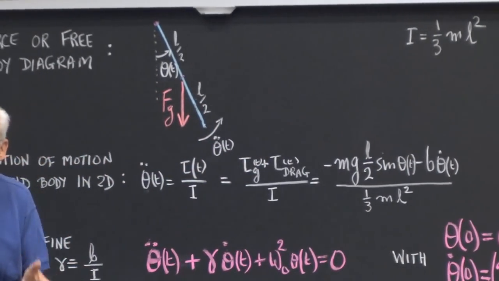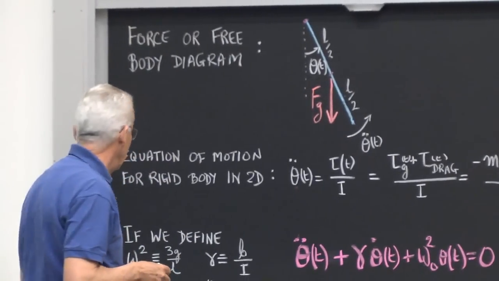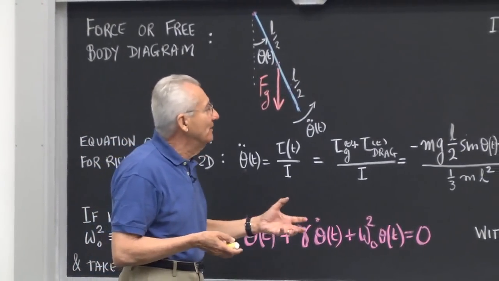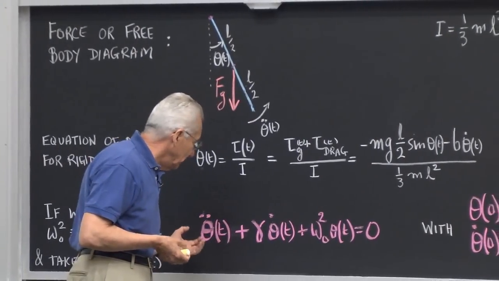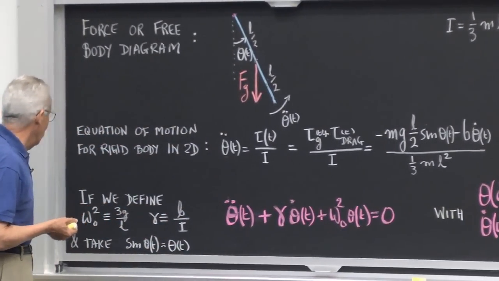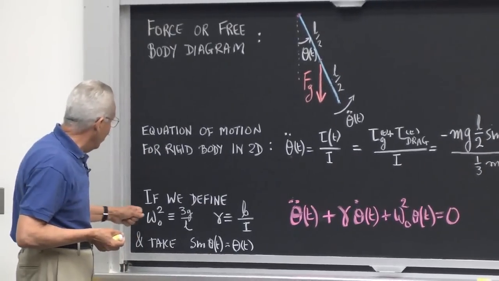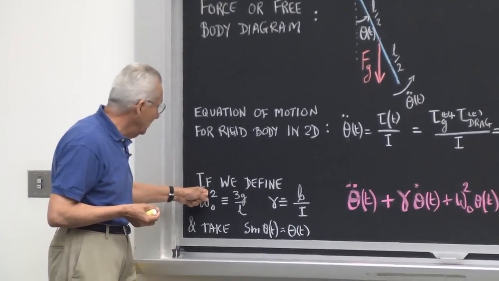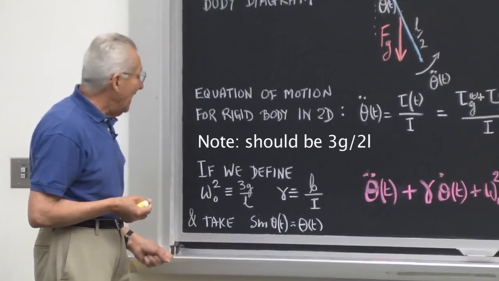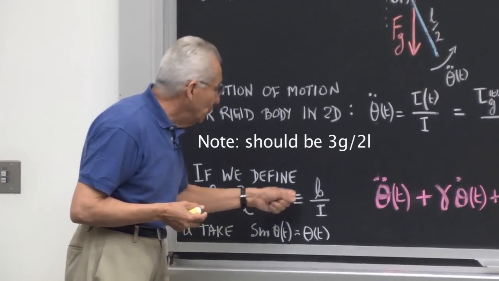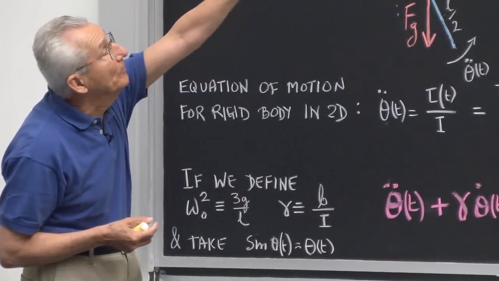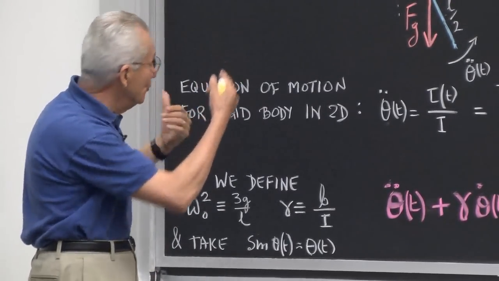As we did last time for the harmonic oscillator, in order to write fewer algebraic symbols on the board, I define some quantities. I will define omega 0 squared to be equal to 3g over L. I'll define gamma to be b over I, that constant of proportionality divided by the moment of inertia of the system.